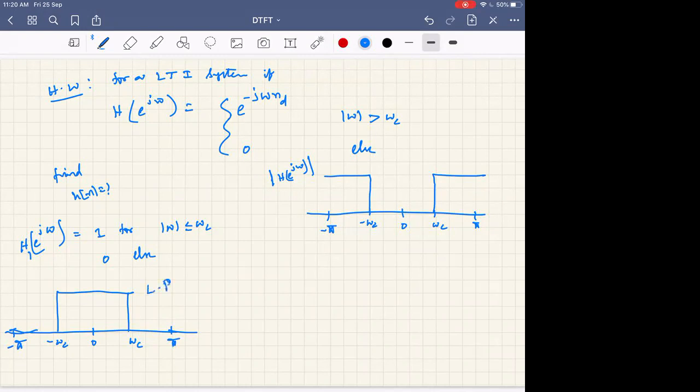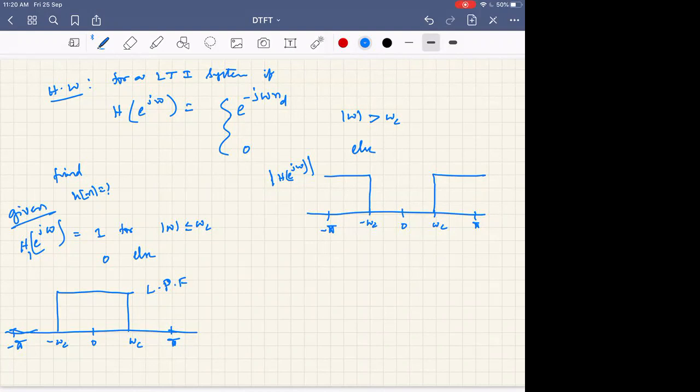So what kind of filter is this? Low pass filter. Why is this called a low pass filter? Why do you want to call this a low pass filter? It allows frequencies up to omega c, it passes only low frequencies.